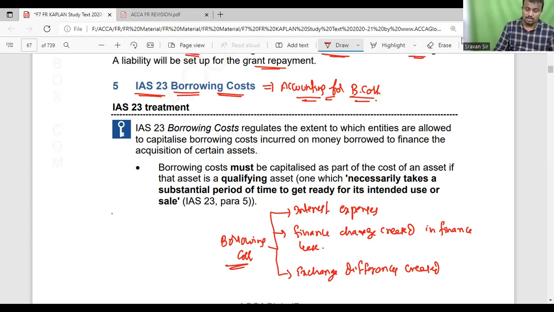So the main question we are going to discuss in this standard is whether the borrowing cost is required to be capitalized or considered as an expense. Before going to that, we have to know one topic called qualifying asset.